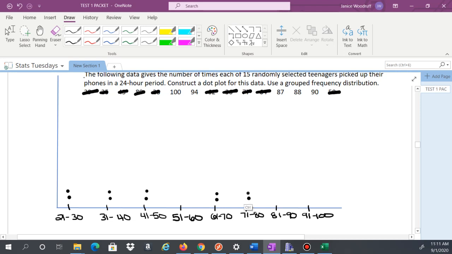And then 81 to 90 looks like that. And then 91 to 100, I've got 2. So that's a dot plot. How many do I have in each category?